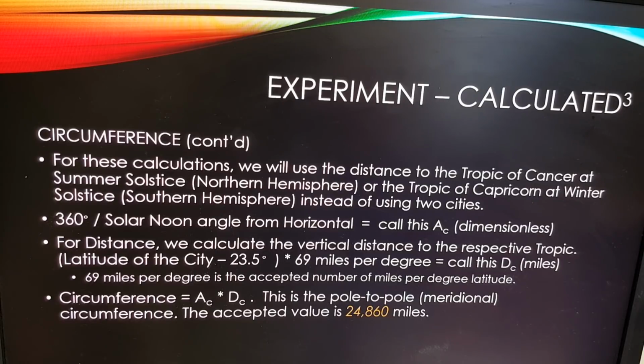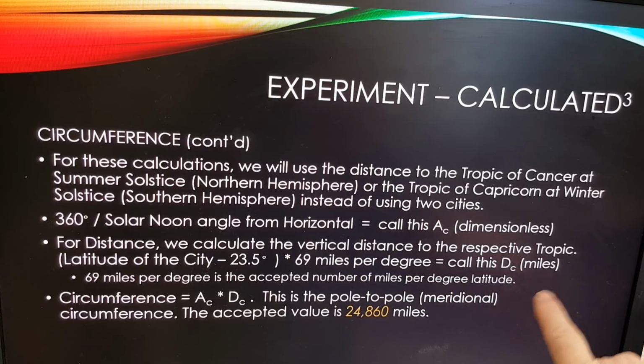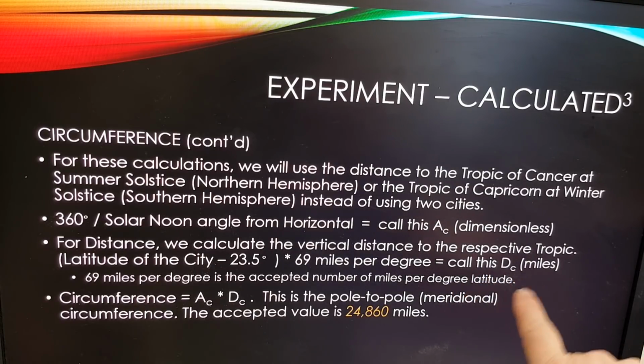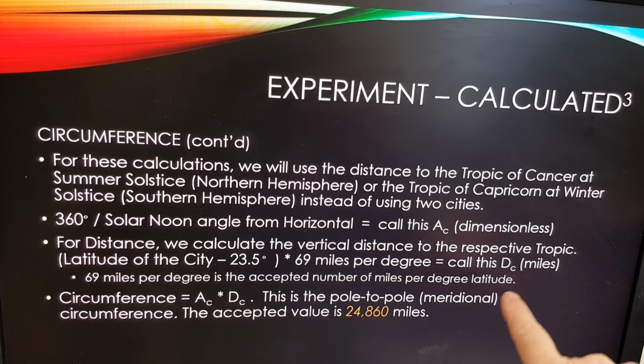You take that number in degrees and multiply it by 69 miles per degree, which you can look up anywhere and it will tell you that number. Notice that this is miles per degree. When I multiply times degrees, I get miles. So the number of miles between the city and the tropic, and we'll call that D sub C.